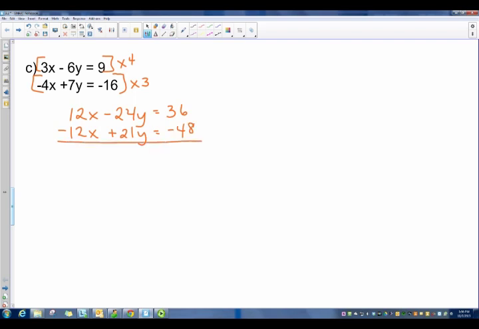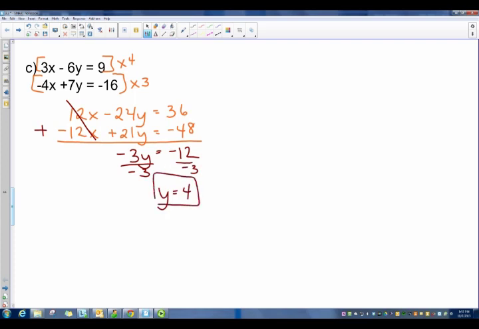And so now, if you notice, we do have opposites, 12 and negative 12, and then I add them together. This is now step 2. So when you add those together, your x's cancel. Negative 24y plus 21y is a negative 3y. 36 plus a negative 48 is negative 12. Divide by that negative 3, and you get y equals 4.